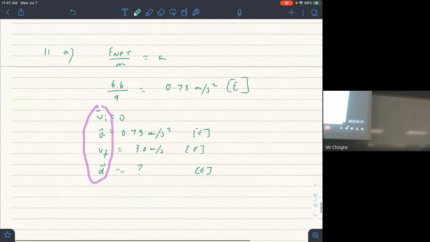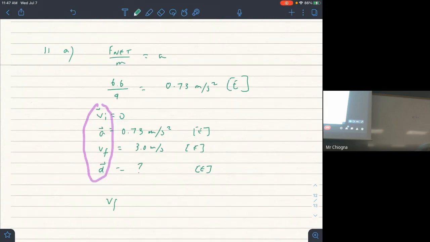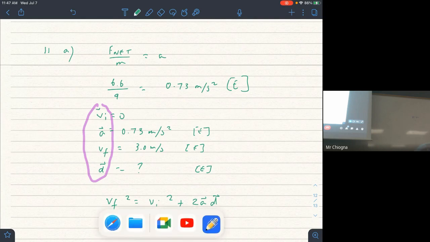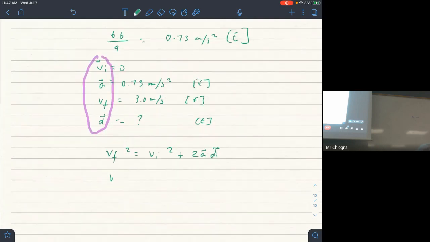Find the equation that contains all four. Solve for the D. You need to know how to do this routinely.